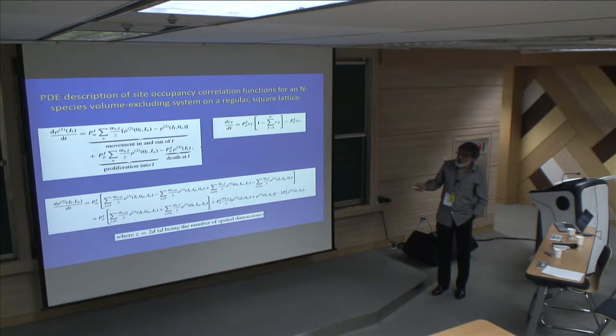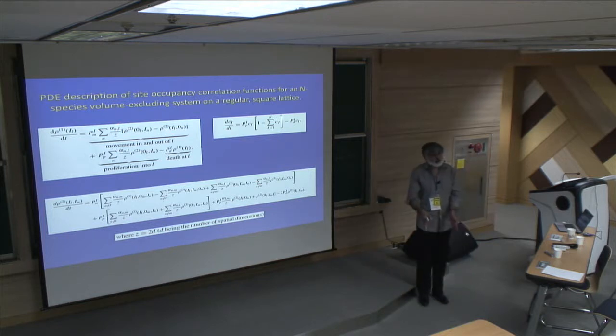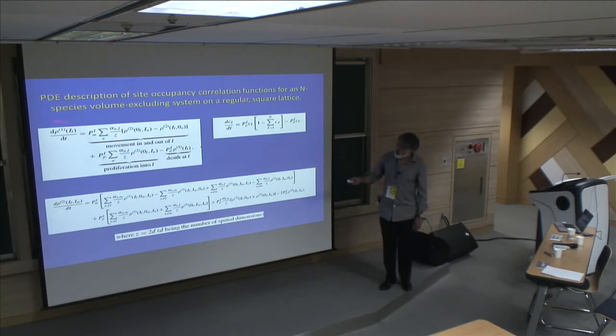So this is the dynamics of two neighboring sites. We started off wanting to work out the dynamics of one site, and what we found is it depends on the dynamics of two sites. So we need to work out the dynamics of two sites. We work out the dynamics of pairs of sites, and they depend on triplets of sites. So it becomes much, much more complicated.